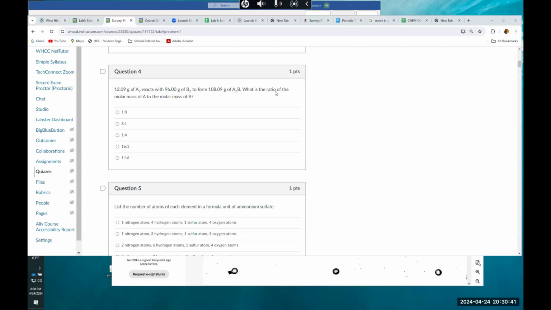What is the ratio of the molar mass of A to the ratio of the molar mass of B? This is kind of like that other one. Yeah, actually, it is sort of like that other one, because it's with the ratio.